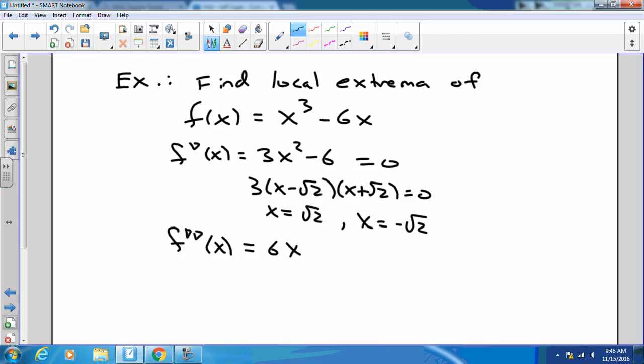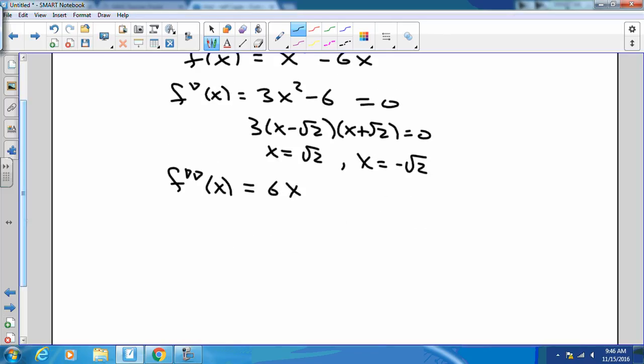Now we consider f double prime of x, and we evaluate f double prime of x directly at each of the critical points.